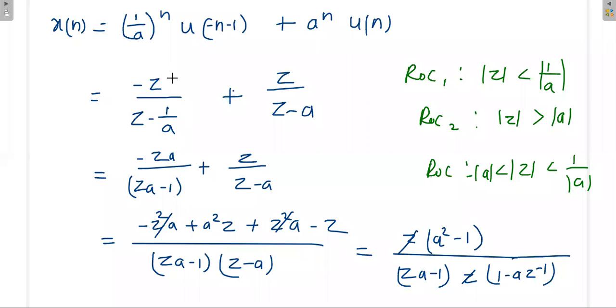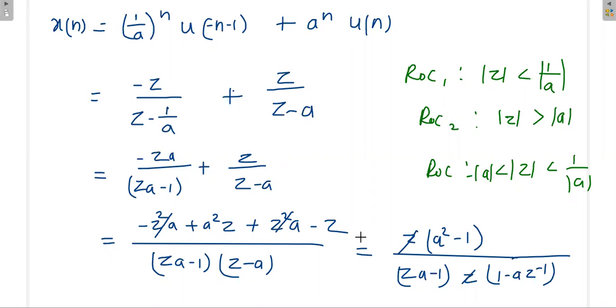So this is the z transform of the first signal, minus z by z minus 1 by a, and for the second signal the z transform is z by z minus a. The ROC we have already calculated. From this we can take the a up, that is minus za by za minus 1, plus z by z minus a. Then just cross multiply this.